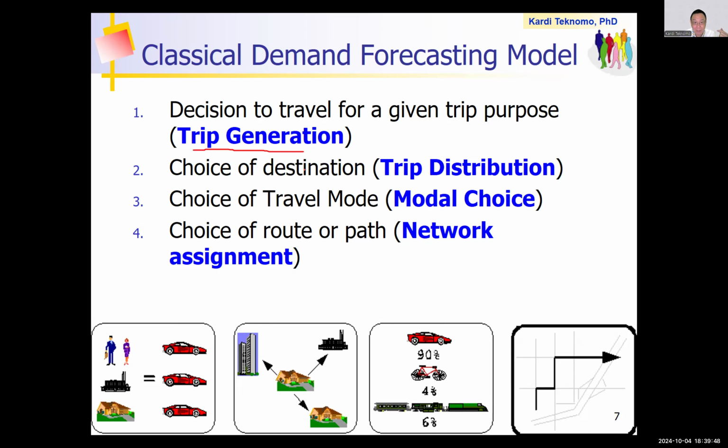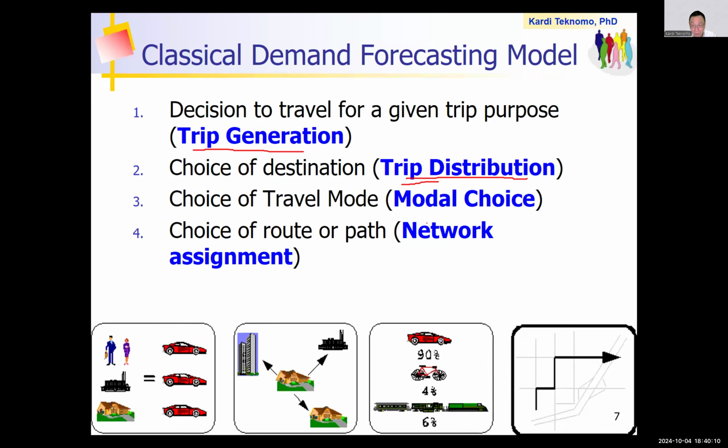In the second step, trip distribution, we want to know the origin and destination. This is the input of the whole model.